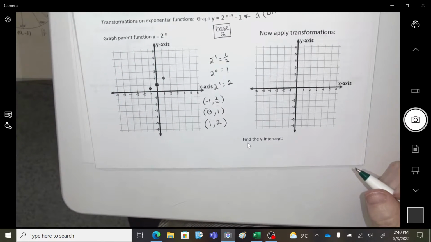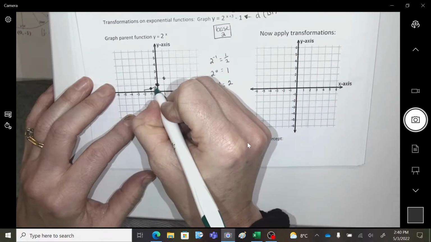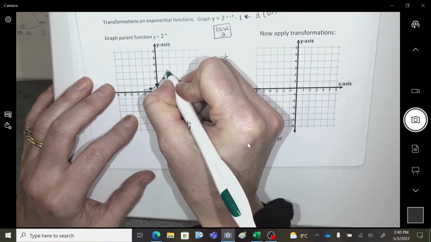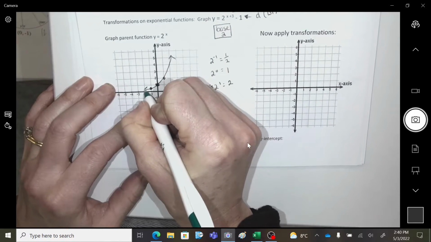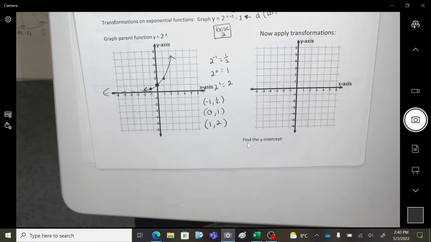Okay, now we also know the general idea. So it's going to be increasing with an asymptote, right? Okay, now we're going to transform this thing.